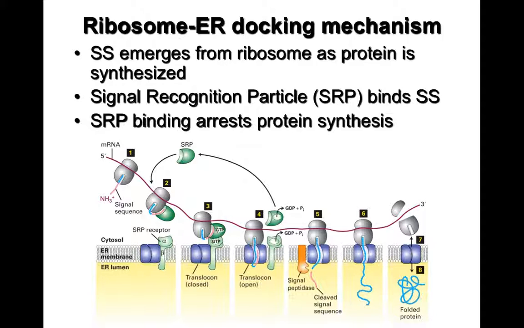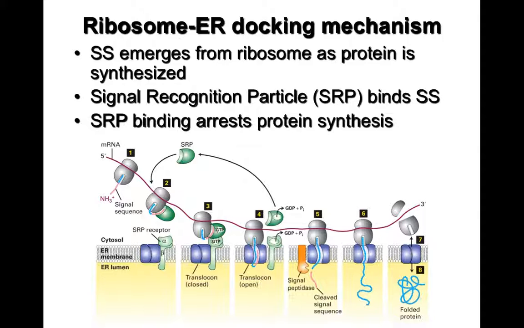In step 2, the signal recognition particle will recognize the signal sequence, in our case STD, and it binds. The signal recognition particle binds to both the ribosome and the signal sequence. The reason it binds to the ribosome is to put translation on pause.